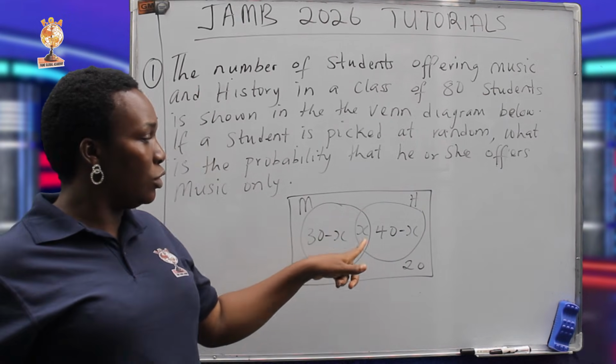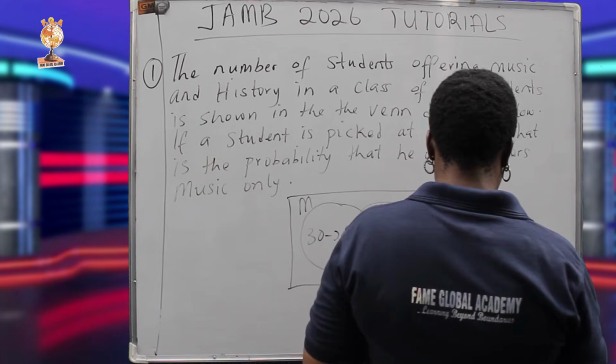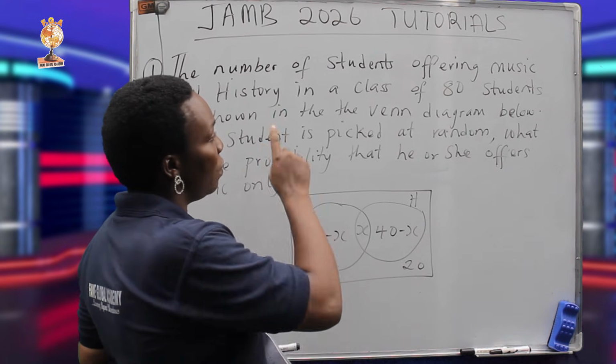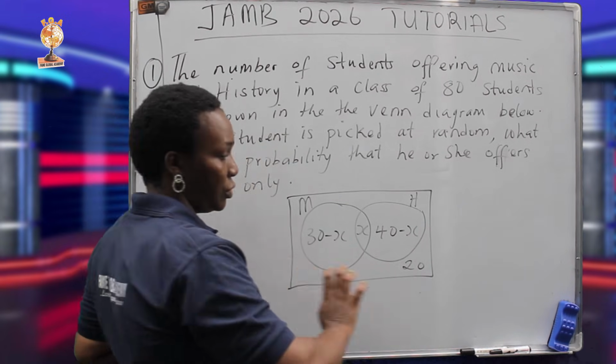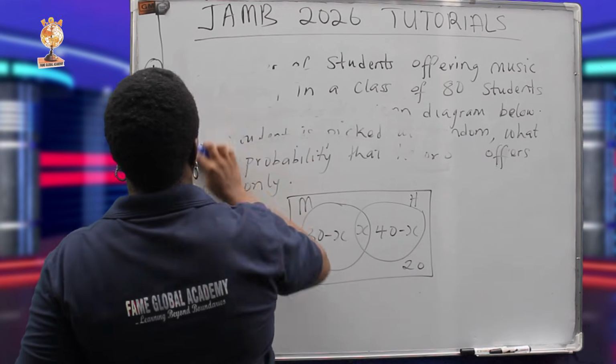So first of all, we are going to look for our x first. So how do we look for our x? So say solution. I think I'll have to clean the question. I believe you have gotten the question. So let's clean it up and get a space for the solving.